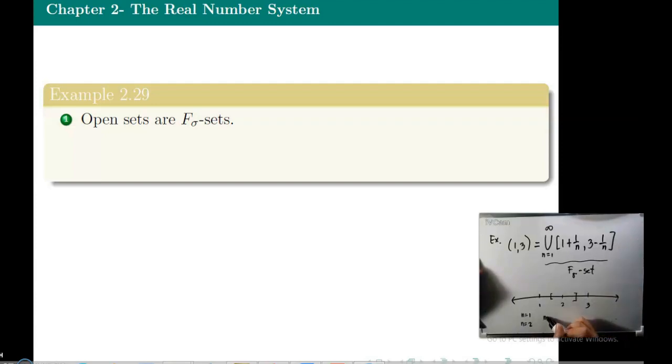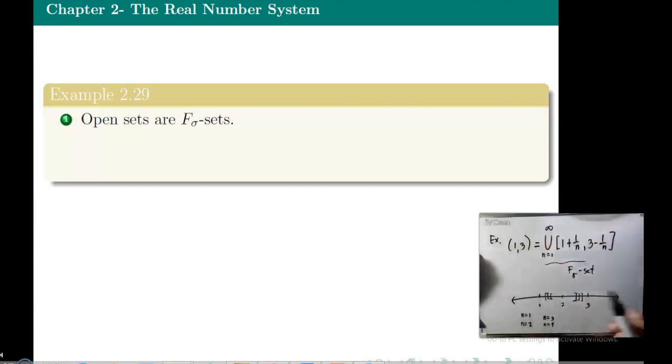When n is 3, 1 plus 1/3 is somewhere here, and 3 minus 1/3 is somewhere here. Now, when n is 4, 1 plus 1/4 is 1 and 1/4, so it's somewhere here.